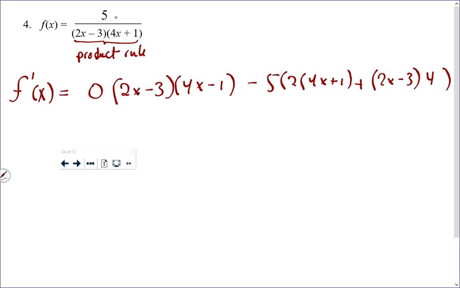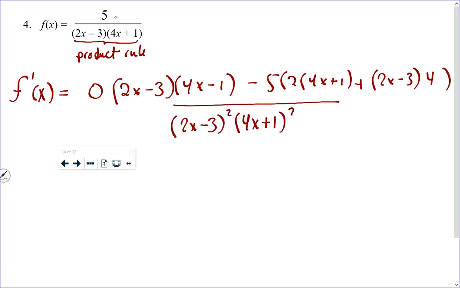It's so easy to forget what you're doing here and to forget to divide by the bottom squared. I mean, I'm squaring 2x minus 3 times 4x plus 1. I can square them both, because the square of a product is the same as the product of the squares.